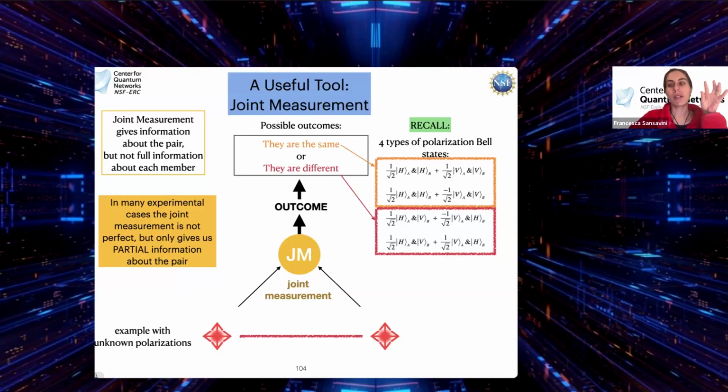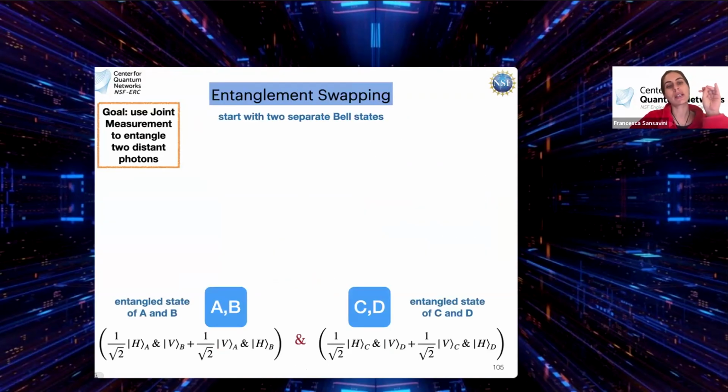Now let's see how this tool works in the case of entanglement swapping. Entanglement swapping refers to the goal of using this joint measurement to entangle two distant photons that have not interacted. So we start with two separate Bell pairs. We have an entangled state of A and B, HV plus VH, and we have an entangled state of C and D, HV plus VH again, but for C and D. So we have four photons.